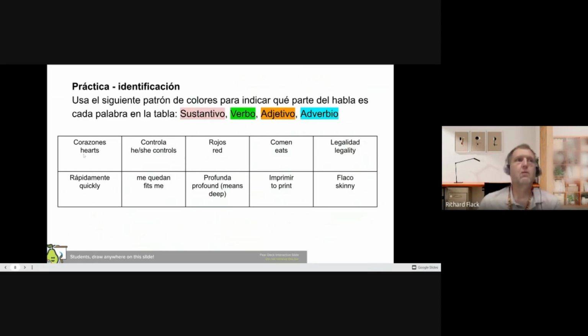And so we have corazones, hearts, controla, he or she controls, rojos, red, comen, eats, legalidad, legality, rápidamente, quickly, me quedan, fits me, profunda, profound, which means deep, imprimir, to print, and flaco, skinny. Go ahead and pause the video, complete the activity, and when you're ready, come back to check your answers.